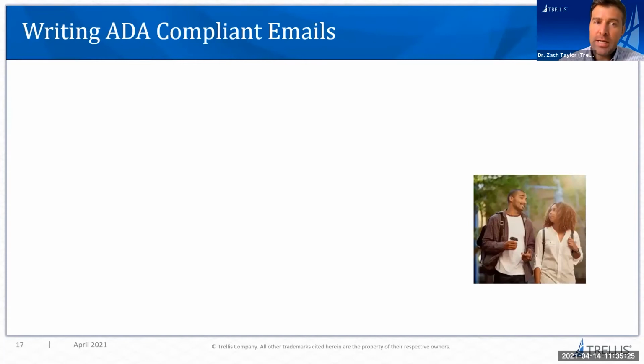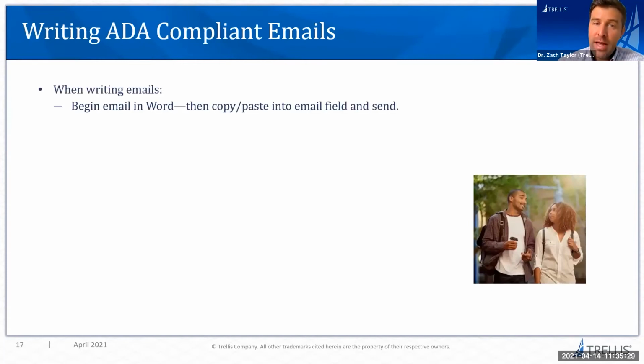Writing ADA compliant emails, here's a really quick summary. When writing emails, make sure that you begin in Word and then make sure you copy and paste in the email field. That will make sure you're using all of the Word accessibility guidelines, and we'll show you some examples and some resources in a bit how to use Word to make your content more ADA accessible. Secondly, prioritizing text and then using that simple readable font, right?